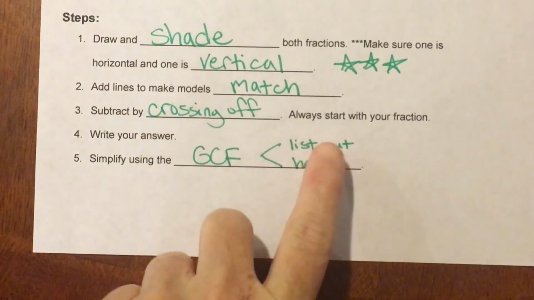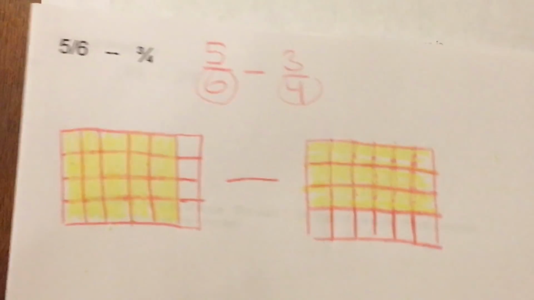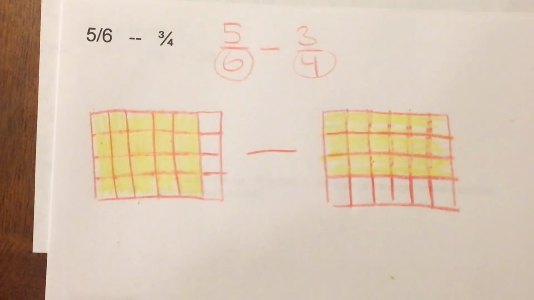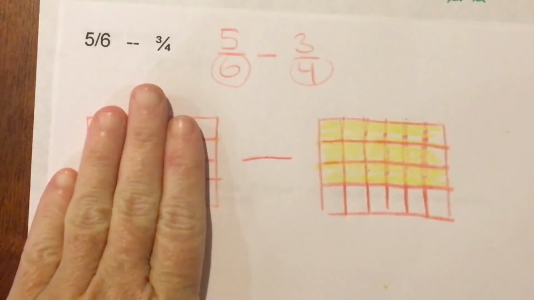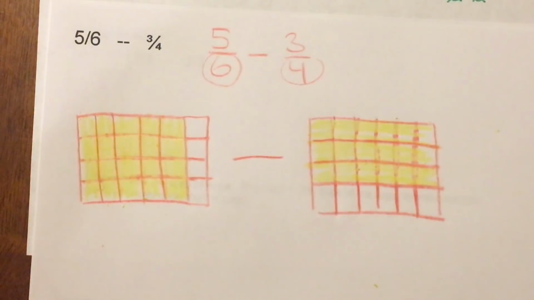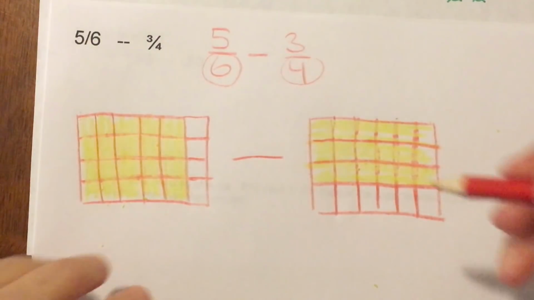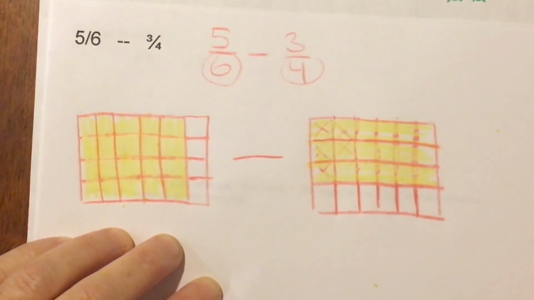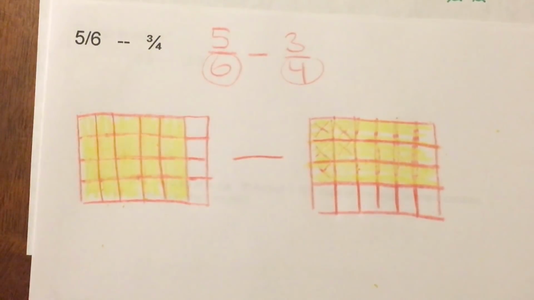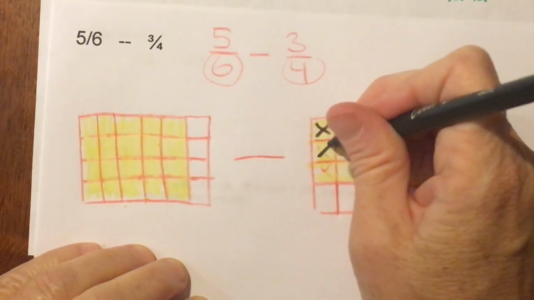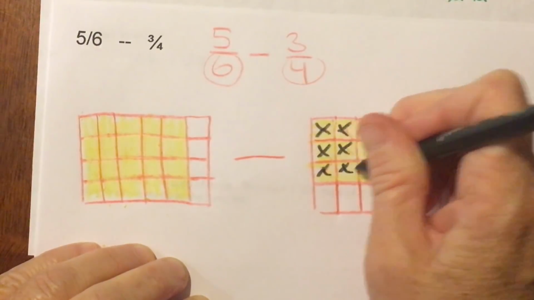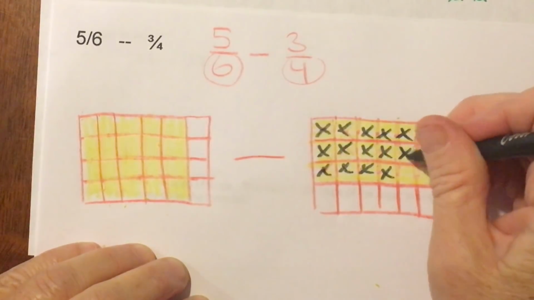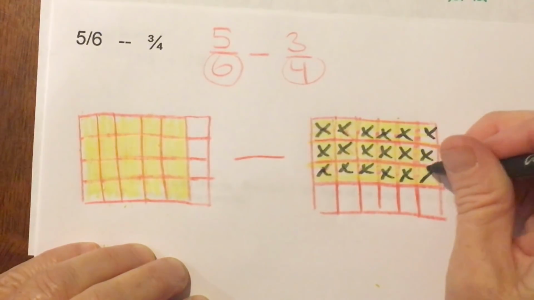Subtract by crossing off. Always start with your fraction. Well, for this one I don't have any whole numbers, so I have to start with my fraction. Okay, so I'm going to cross off. This is what I have, and this is what they want me to take away. So how many pieces do they want me to take away? They want me to take away 1, 2, 3, 4, 5, and I think I'm going to do it in black just so you can see it better. 1 through 18.